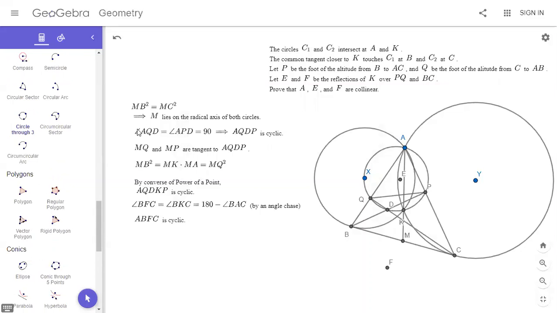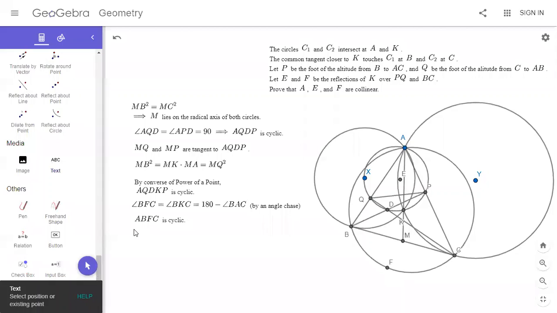All right. And then I'm trying to remember how I did this. So we want to show angle BAF is equal to angle BCF. Trying to remember. Yeah, okay. So now it's just an angle chase.